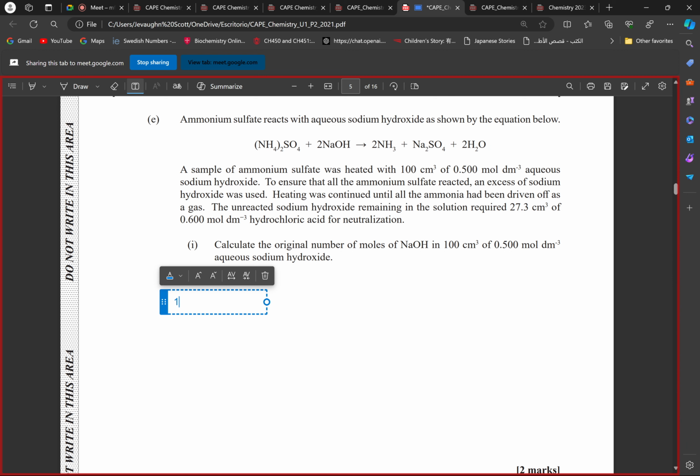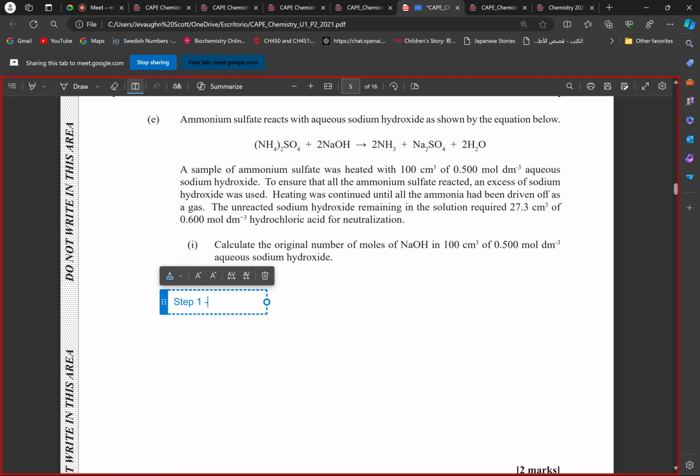What are you planning to do? That's how I know whether or not I multiply or divide. No, I get what you're saying. What I'm asking is, what's the first thing that you should be doing? Because you're doing something. What is it? Oh, you're calculating the amount of moles in 100 cm cubed of ammonium sulfate.